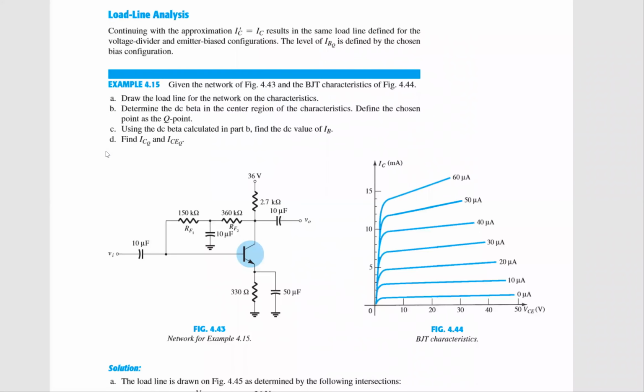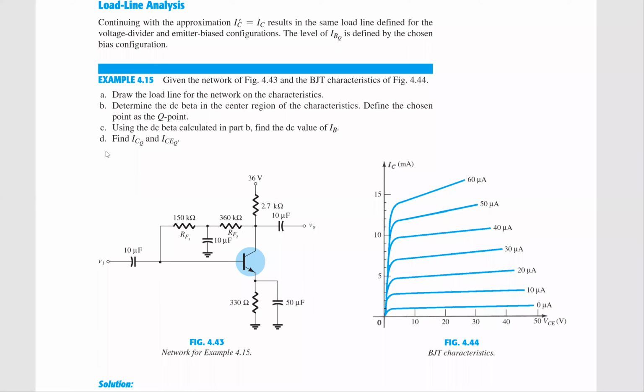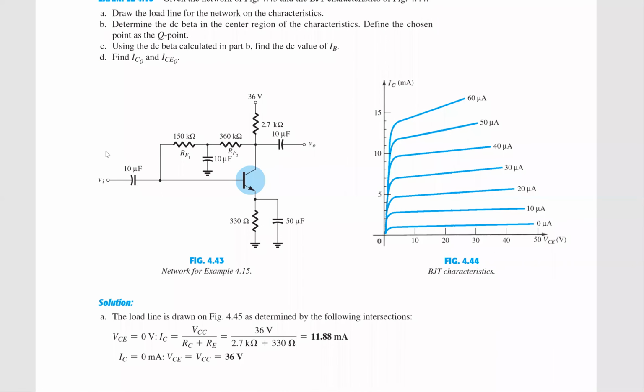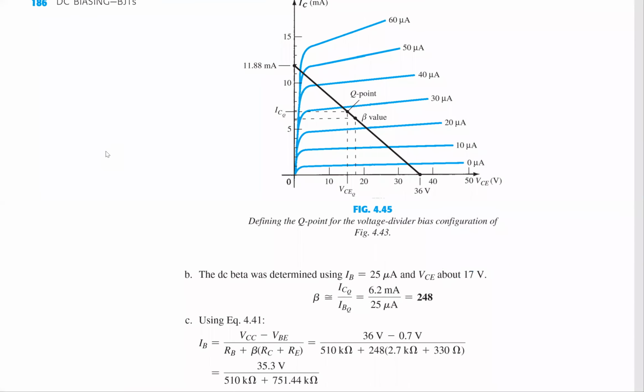Yes sir, this one. Draw the load line for the network on the characteristic curve, so you can draw the line. Determine the DC beta in the center region and define the chosen point as the Q point. Once you have drawn the line, see where it is.